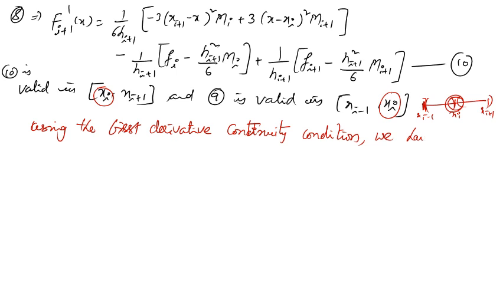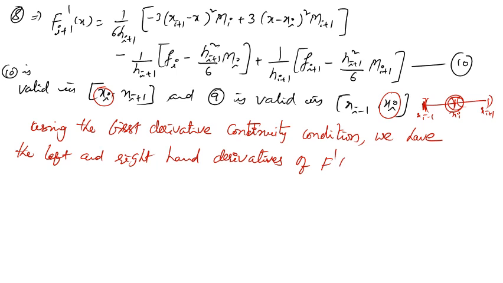We have the left and right hand derivatives of f'(x) at x equal to x_i. That means, let me write, they must be equal. That is the meaning of continuity.